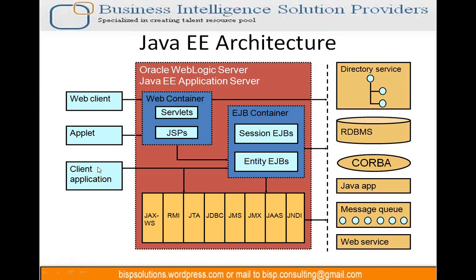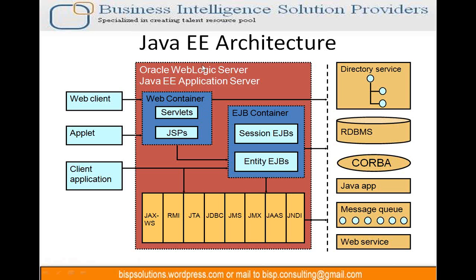The client applications could also be something like a McAfee client that you install on your local machine, which interacts with its McAfee server, deployed on an application server, that sends the updates to the client application. So these are the client applications.